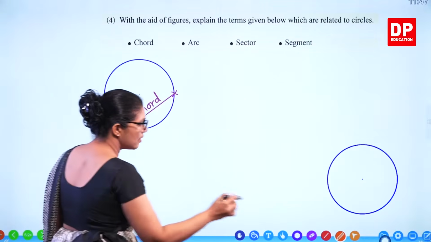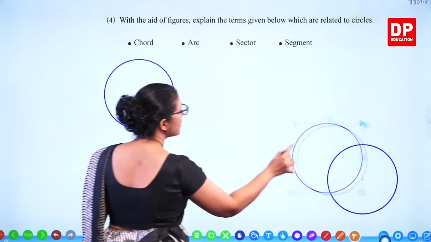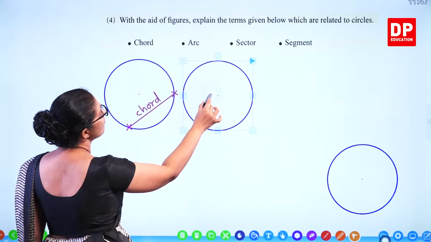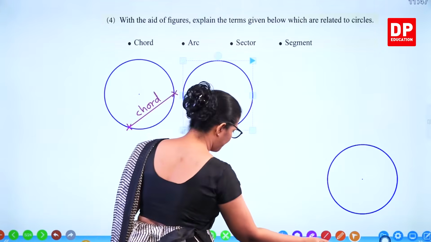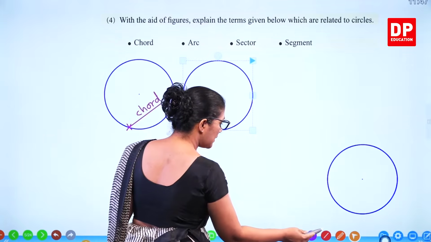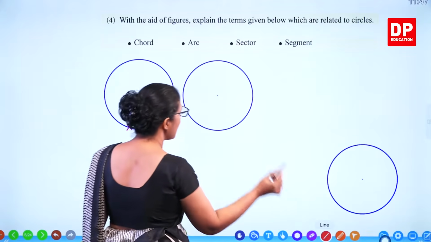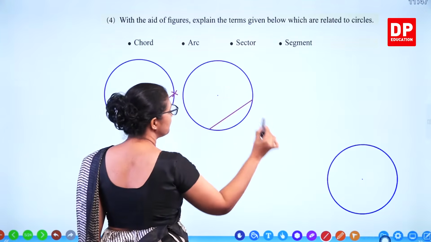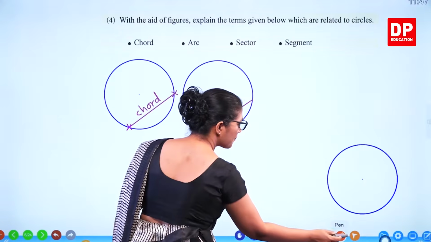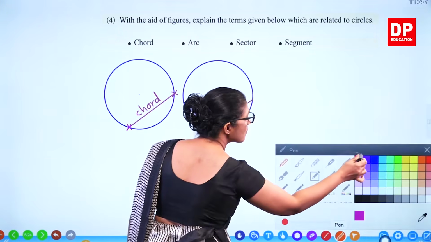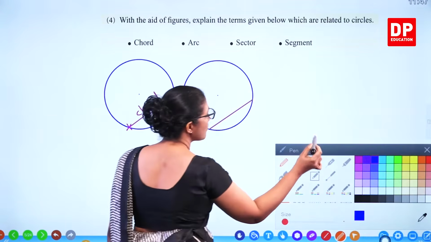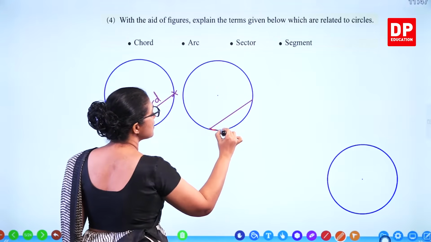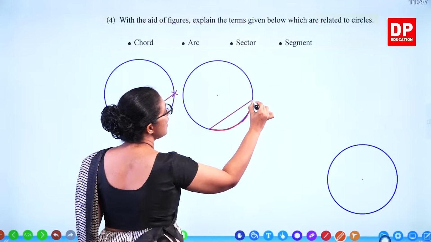Arc. How can we represent an arc? Arc means when you take any chord, we get this part and the other part.